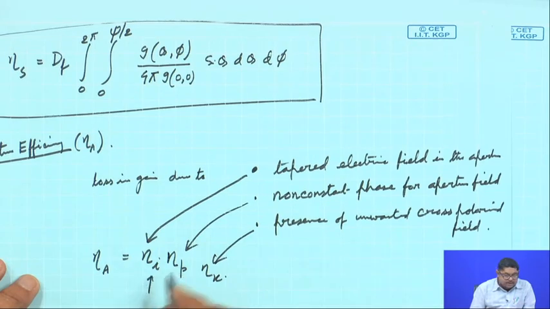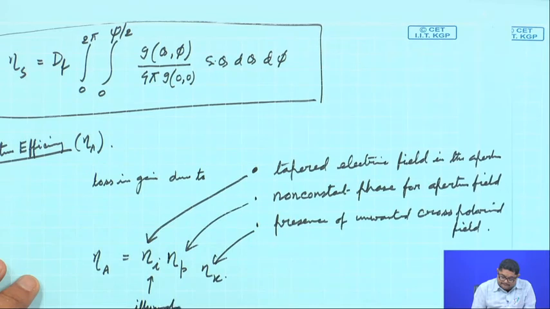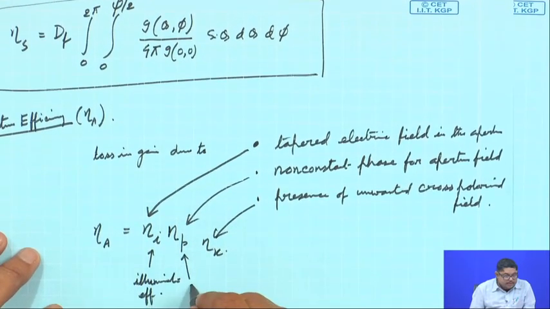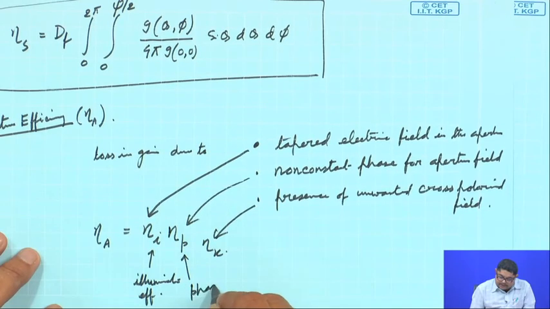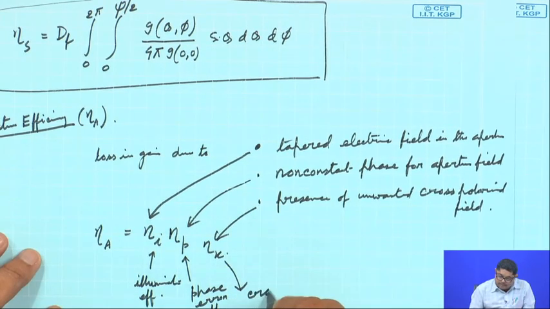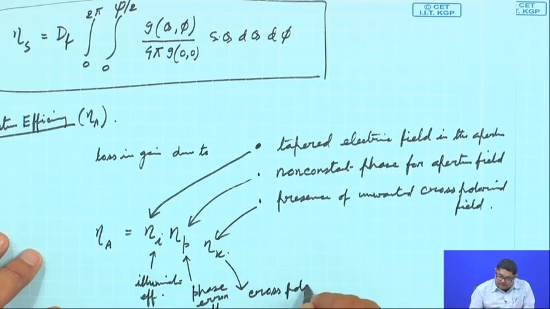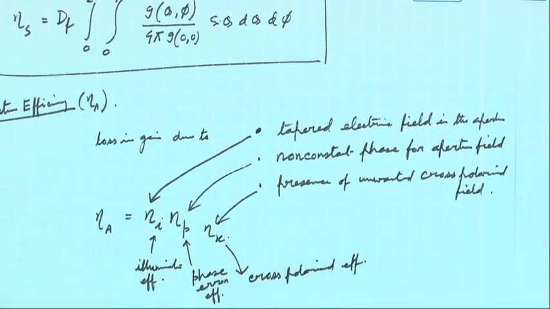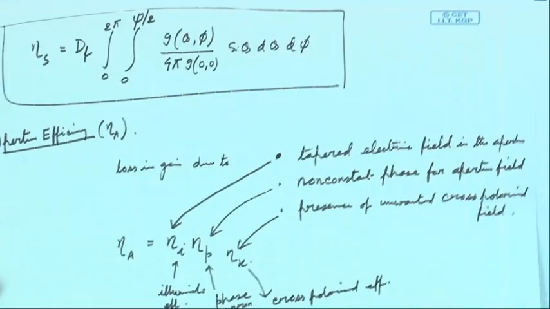So, this is illumination efficiency, this is phase error efficiency, this is cross polarized efficiency.